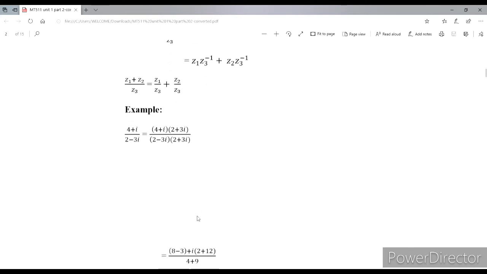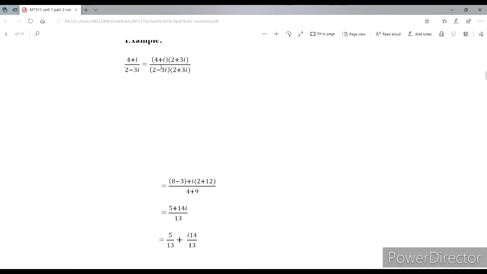Now multiplying the numerator, that is real part into real part, 4 into 2, 8, then minus 3, minus imaginary part is 1 into 3, 3, plus i into real part into imaginary part, which is 12, then plus 1 into 2, 2, divided by, it is of the form a minus b into a plus b, which is a square minus b square.